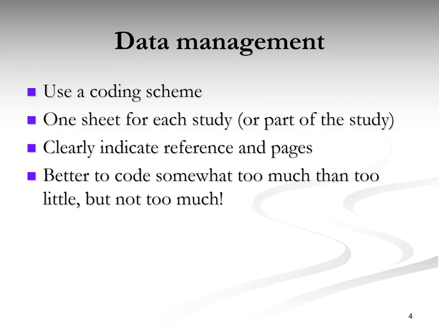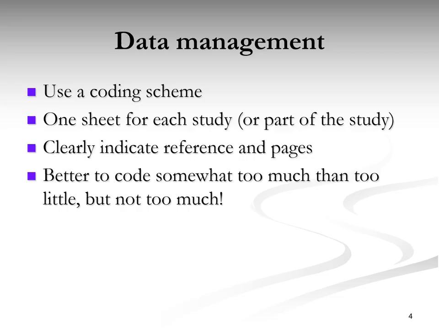This means that you will collect a lot of data. How are you going to collect these data? It is a good idea to use a coding scheme, for instance one sheet, one document for each study, or for part of the study. If you extract data, you could, for instance, copy exact sentences from the original paper.